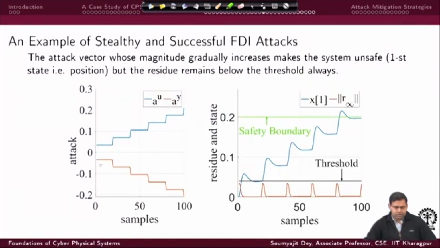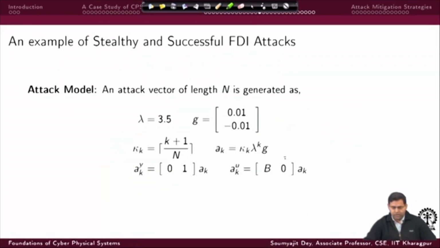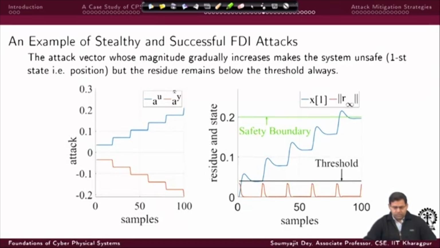This is our plot of what values of attacks we are doing on y and on u. This is my AK, and based on that I am generating a sequence of values of attack for the y measurement variable, which is basically the first state in x, and also an attack on the acceleration. Accordingly, you have AU and AY.